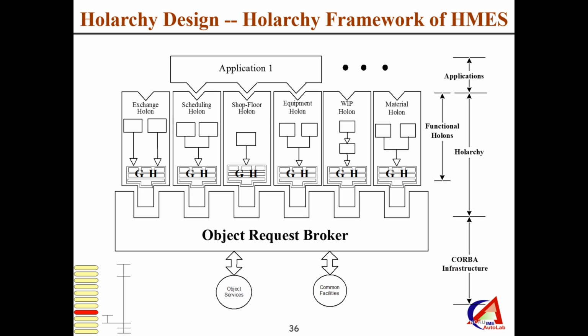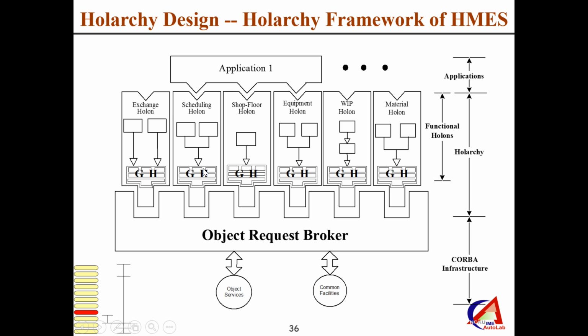So you see, after we define all the framework messages, then we can use this kind of CORBA infrastructure to define all of them. You see, we have already designed the generic holon, so it can inherit the generic holon, right? And so it can run.